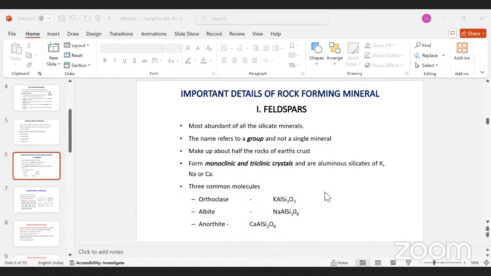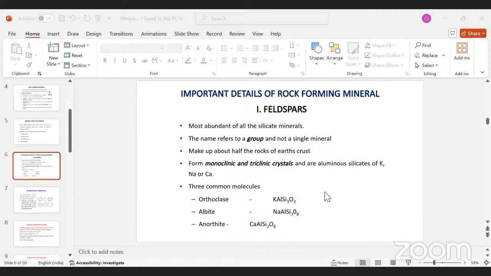It is the best example for this one here. It is a tectonic family. Phyllosilicates are the best example for mica. I'll explain only this one group to you, the feldspars. In your textbook it is mentioned differently, but the time is not sufficient for all the explanation. So in the classroom I'll explain, and in the laboratory class we'll definitely explain.